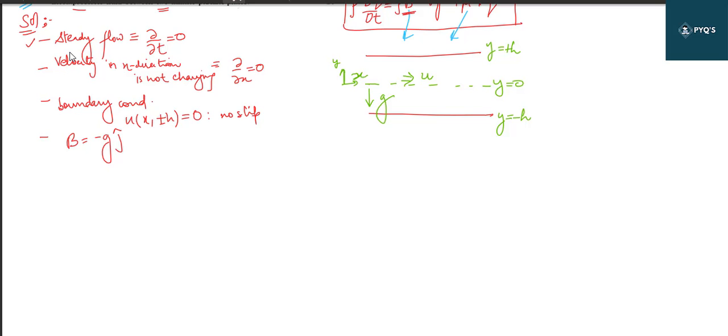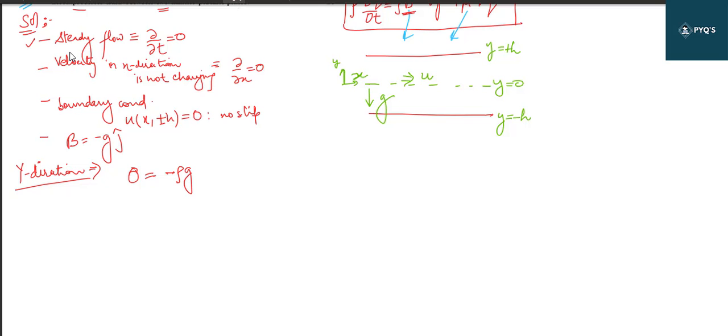Now using the Navier-Stokes equation, we will apply it in two directions, the y direction and the x direction, and then try to find the velocity and pressure profiles. So in the y direction, velocity is 0, that is dq by dt equals 0, and b is minus rho g.